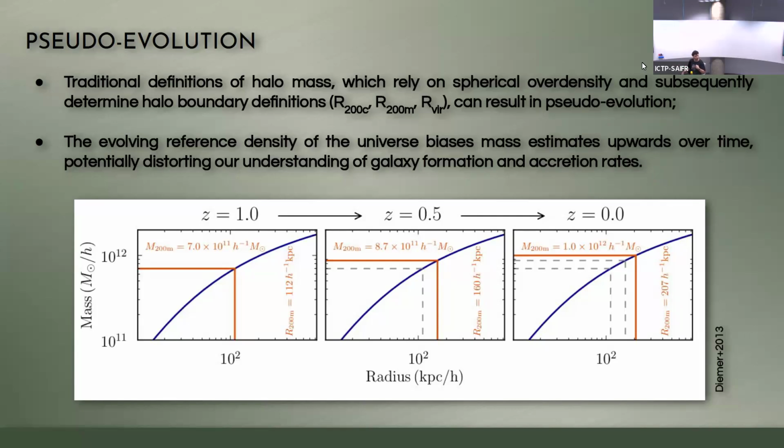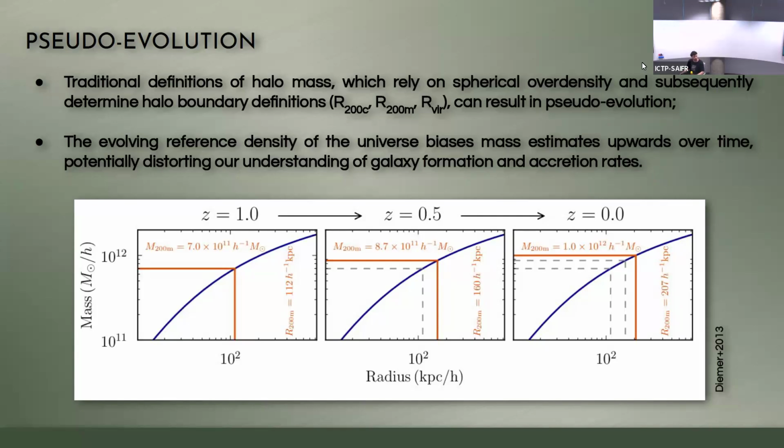The R200 changes due to the change in the reference density. So it's a pseudo evolution, because even with the mass kept constant, due to the stretch of the universe, the critical density decreases, and the R200 is defined as the radius that contains 200 times the mean density of the universe.